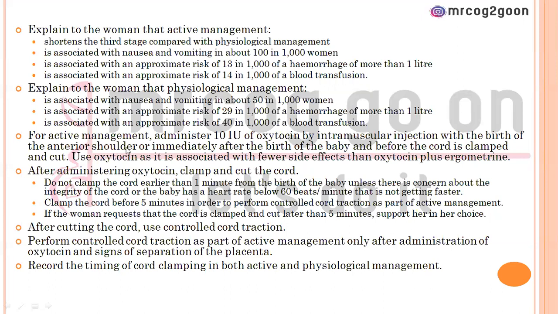For active management, we will give 10 units of oxytocin IM with the birth of the anterior shoulder or immediately after the birth of the baby and before cord clamping. Oxytocin alone has fewer side effects than ergometrine and oxytocin.